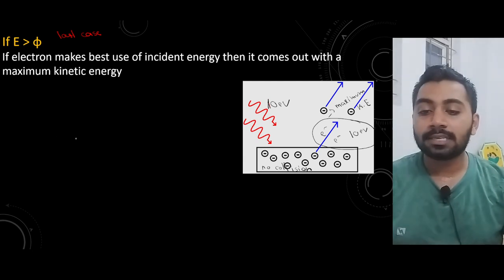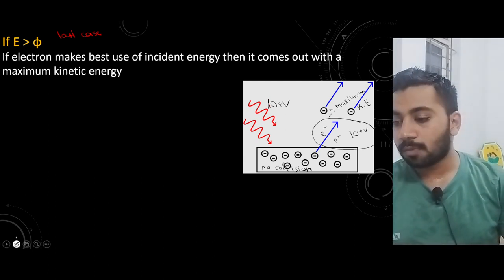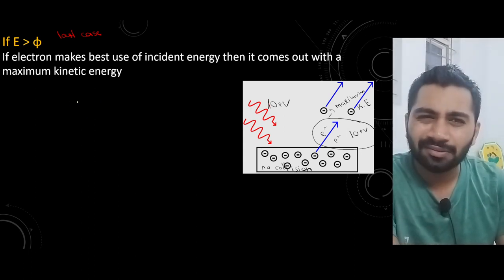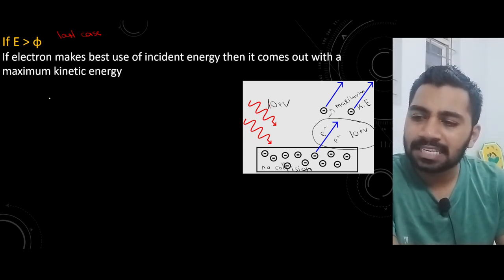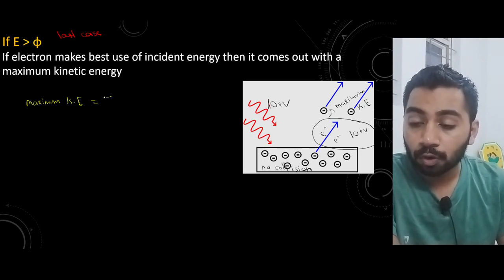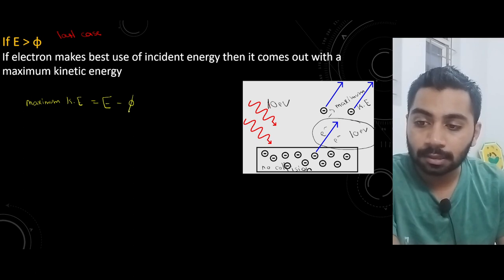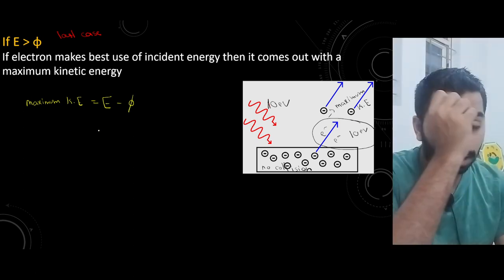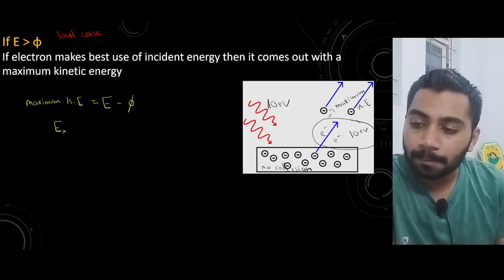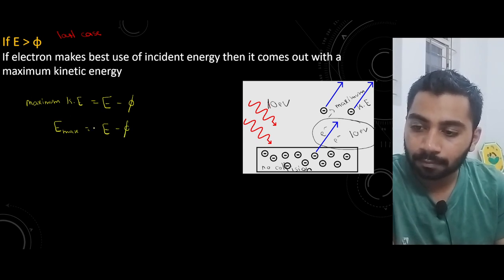Very simple. Now let us see a small but very important derivation. Not really a derivation, I don't call it that. Maximum kinetic energy equals your supplied energy minus the work function. How it comes, I will show you, don't worry. Now your maximum kinetic energy is equal to E minus F. Fine.